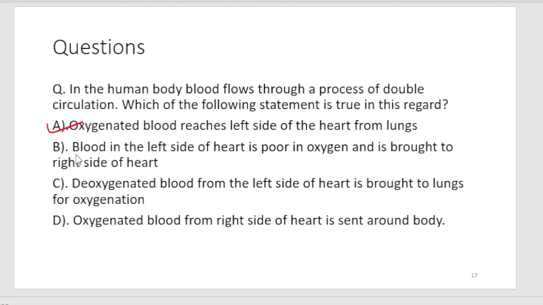Now, the next three options are obviously wrong, because blood in the left side of the heart is not poor in oxygen. That is not the case. Oxygenated blood from the left side of the heart is brought to the lungs, that is also wrong. Oxygenated blood from the right side of the heart is sent, that is also wrong.